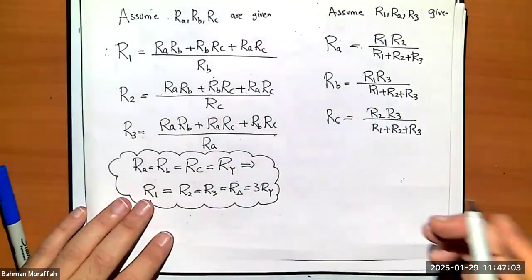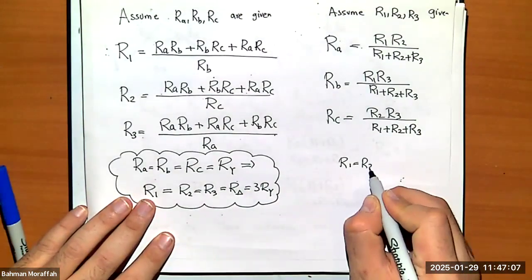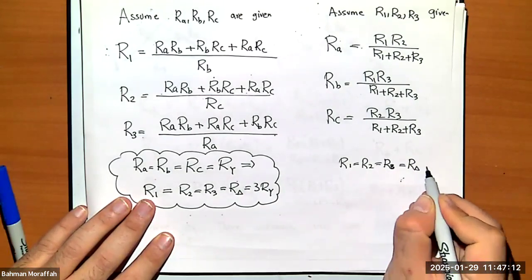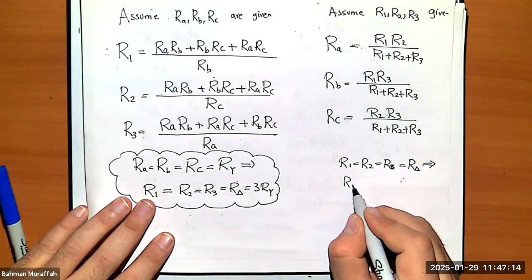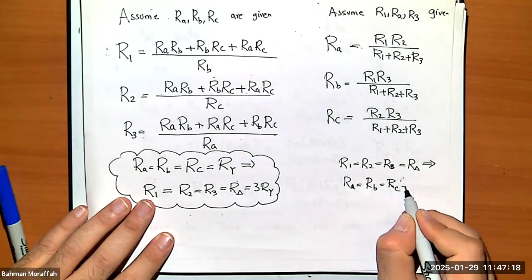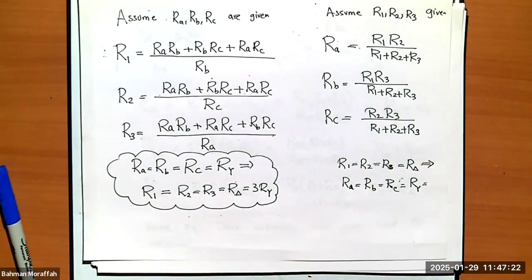And again, if we want to look at the special case, let's assume R1 equals R2 equals R3 equals R delta. We know RA must be the same as RB, must be the same as RC, and that's RY. What's the value for that?